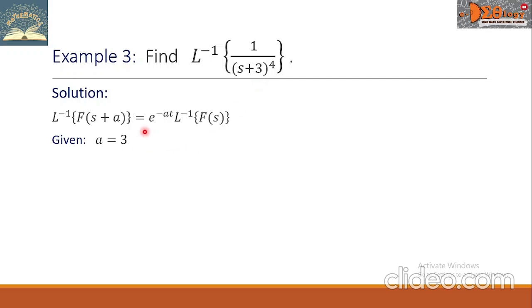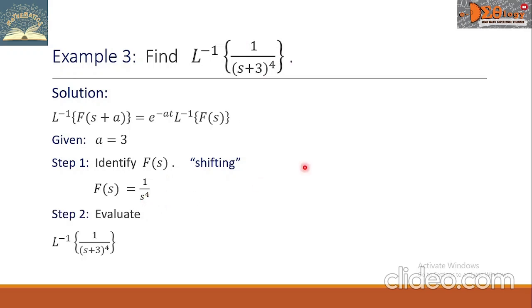Later, this will be equal to e raised to the negative of at multiplied by the Laplace inverse of the function F of s. Then step 1. Let us identify the F of s, which means we will do the shifting property. Looking at our problem here, F of s is equal to 1 over s raised to 4.